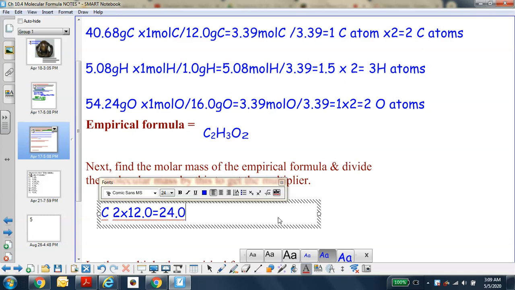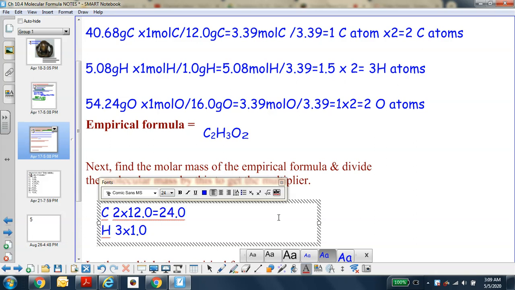That gives me 24.0. I have three hydrogens, times 1.0, which is the mass of a hydrogen atom. Gives me 3.0. And finally, oxygen.